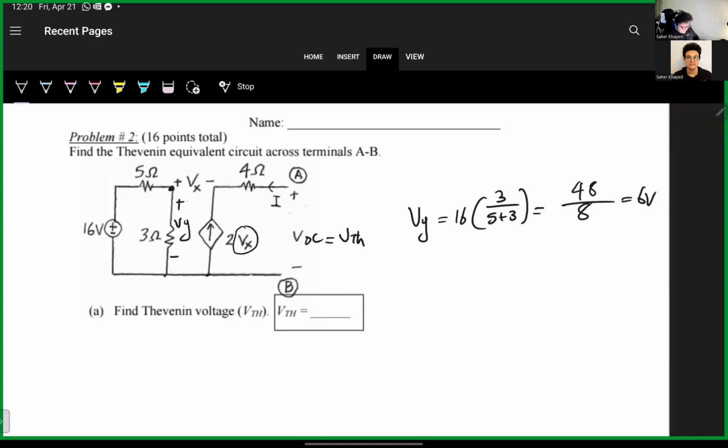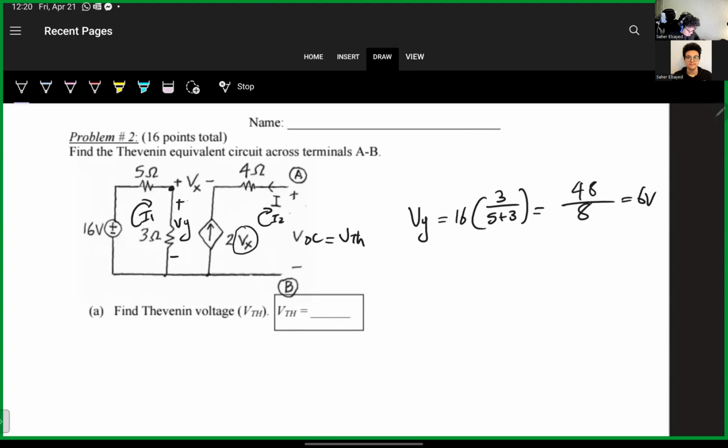And then basically what happens is, I will tell you why we got this here, but the idea is let's do a big KVL here. So negative 16 plus 5i plus Vx plus 4i. Let's call this one I1 and this one I2. Actually, wait.